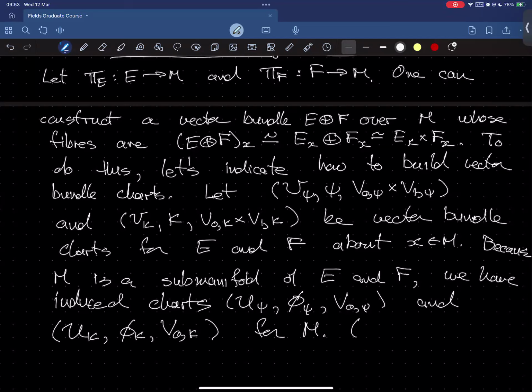Okay, so phi psi of X is going to be psi of the 0 vector in the fiber over X. That's going to be a point of the form phi. Let me write it as X prime is 0. Okay.